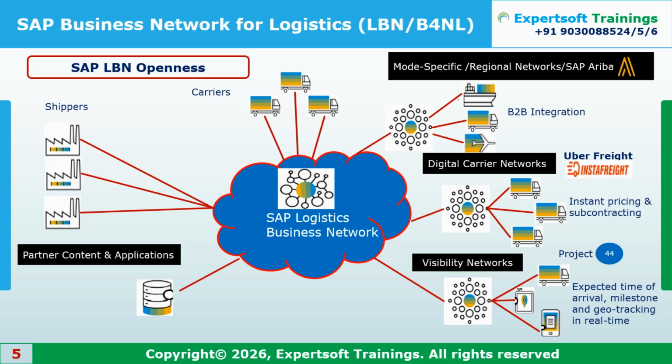So FOs come from the shipper's TM system, they go to the BN4L system, and BN4L to the carrier system. That is the direction.